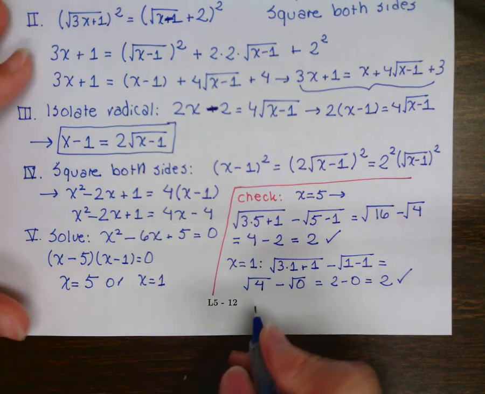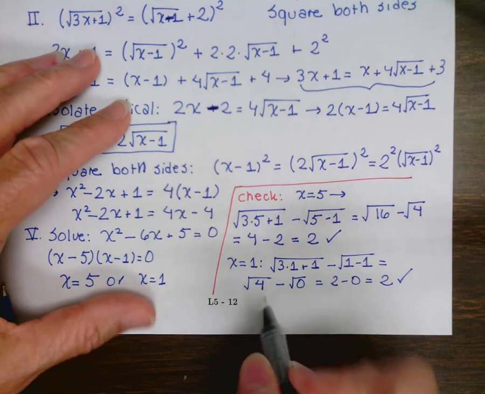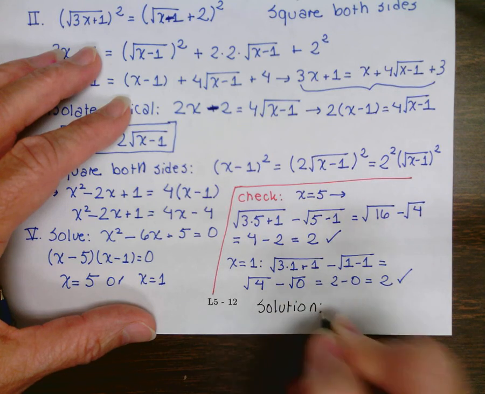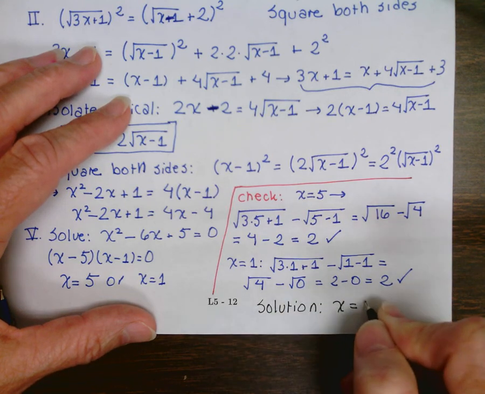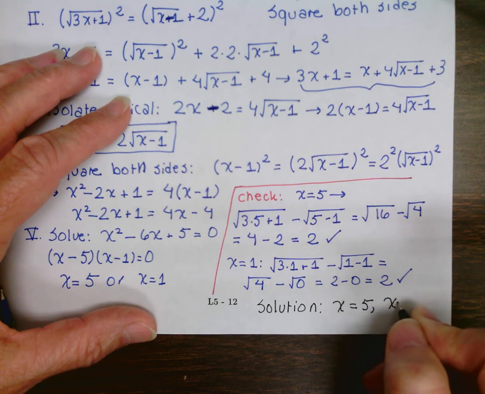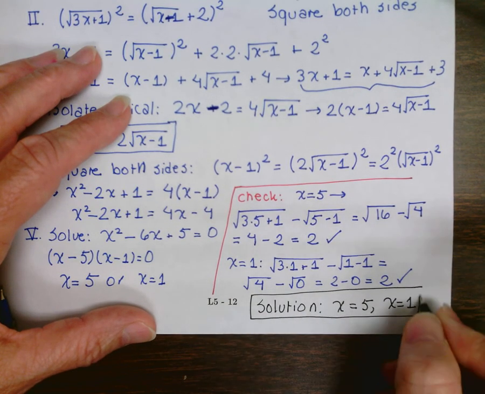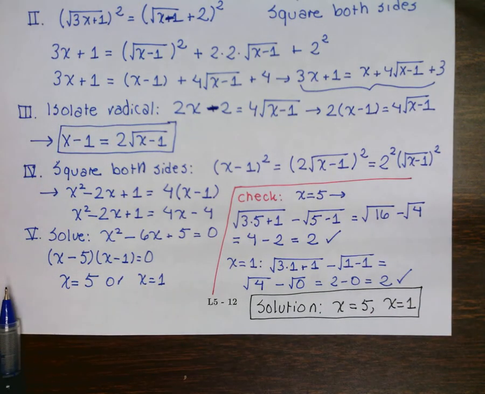So our solution is x equals 5 and x equals 1. They are both legitimate solutions to that equation. Okay.